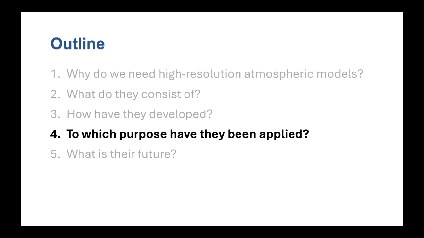In the interest of time, I'm not going to give you a long overview of this topic. I'm just going to show several key applications here, but noting that what this model can be used for is actually far beyond what I'm going to show in the next few slides.